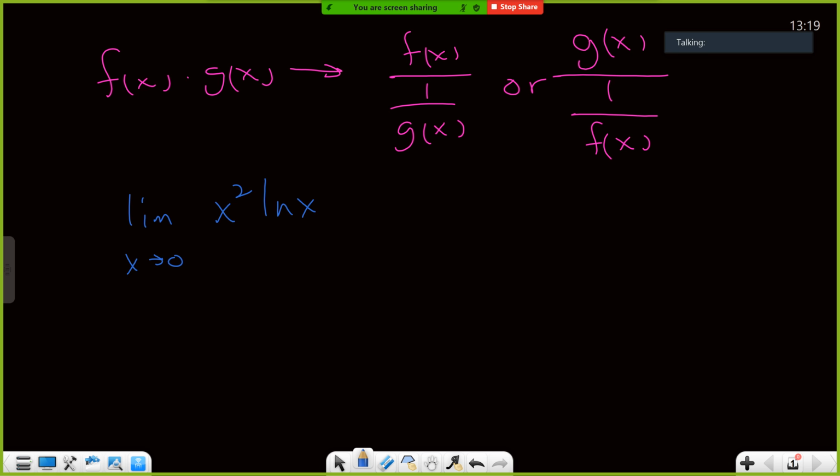Anybody? Go. Why? I'm not sure why, but I just know that it has to be bigger than 0 for a natural log. Okay. So what if it's just a little bit bigger than 0?